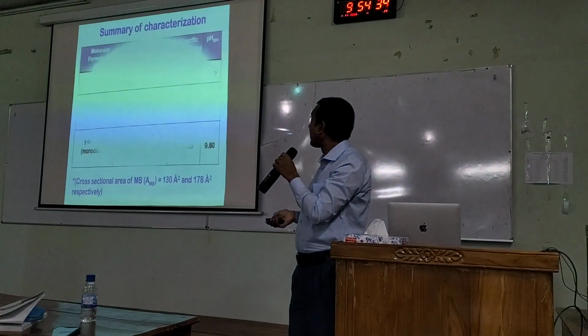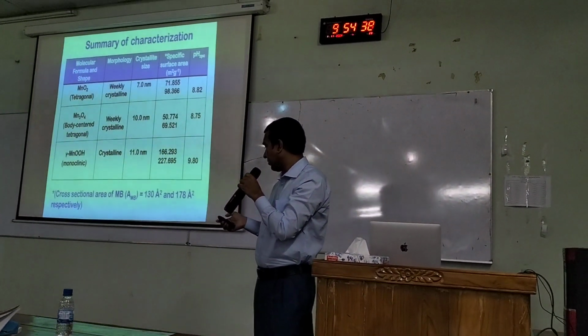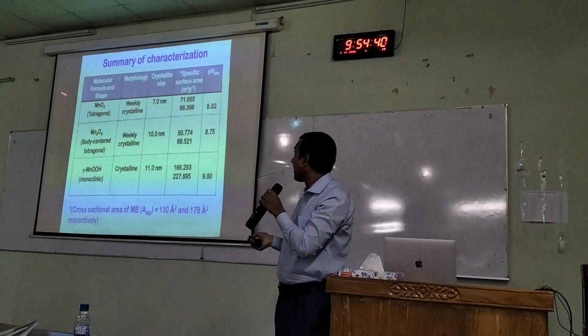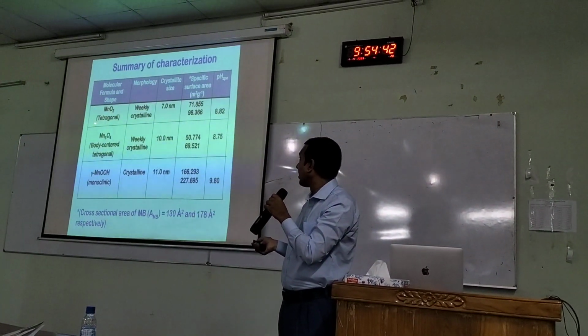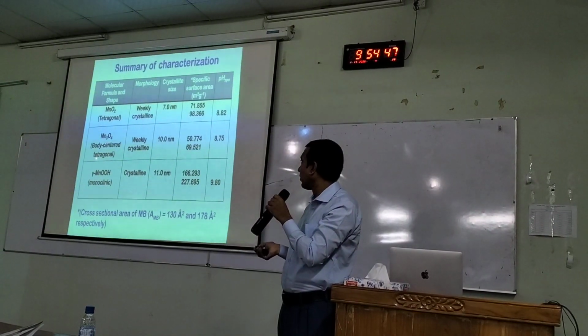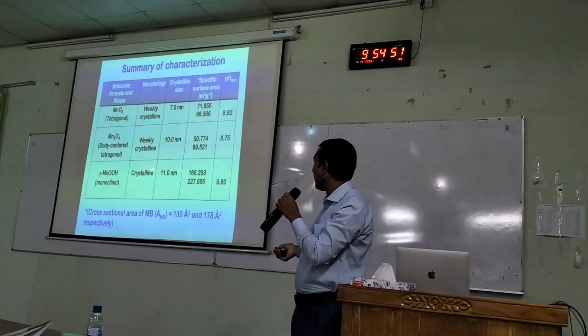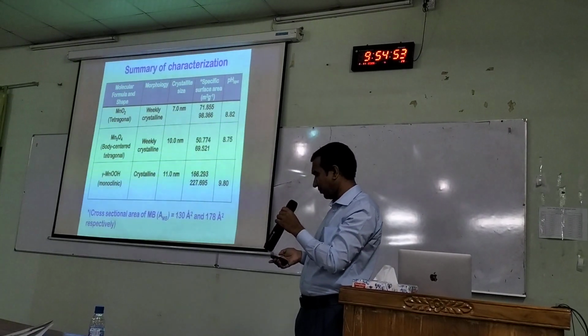So these are the summary of our results for characterization, indicating that manganese dioxide is tetragonal and weakly crystalline, and osmanite is body centered tetragonal, manganite is monoclinic and crystalline.